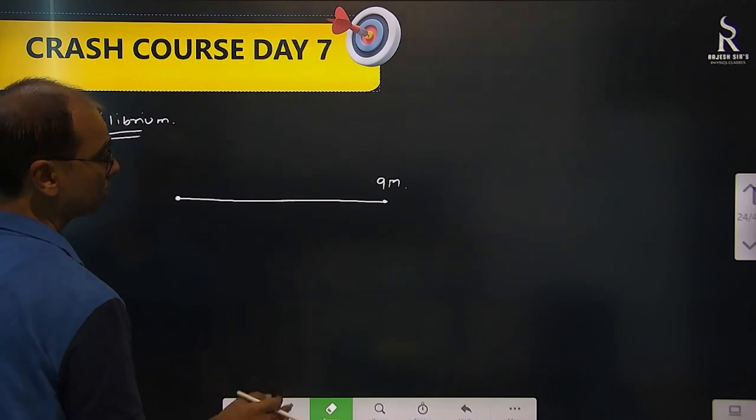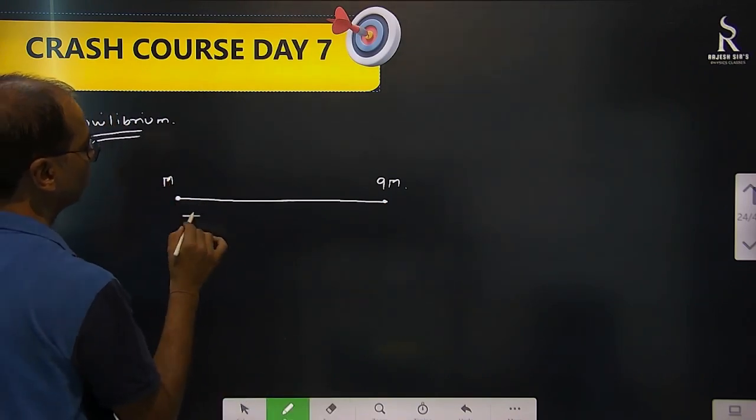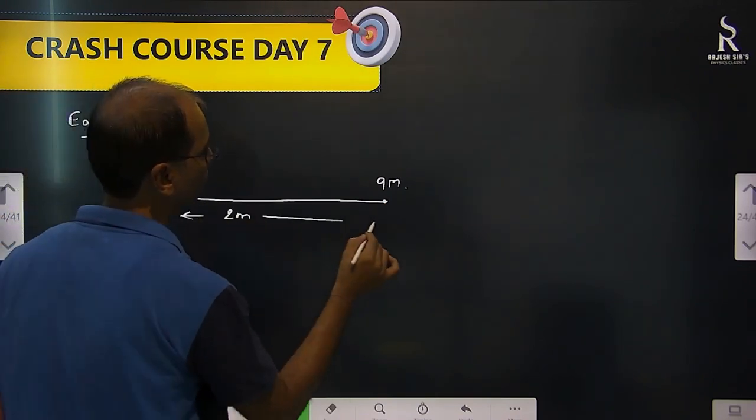Both are the same type of masses. This is m, this is 9m, and the separation between them is 2m.